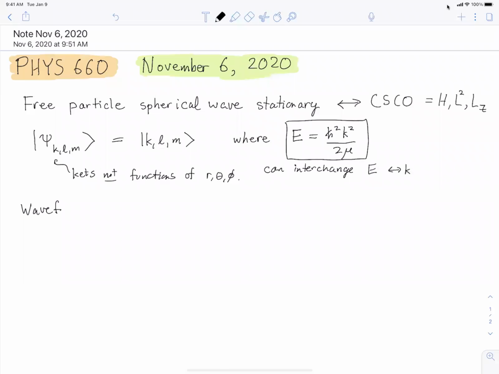So the wave functions, remember, we could write it like this, psi KLM without the angle brackets. These are defined to be the inner product of the position eigenkets r, theta, and phi, where the particle is known to have specific values of those coordinates. The inner product of that with the ket is the wave function, and that's what does depend on r, theta, and phi.